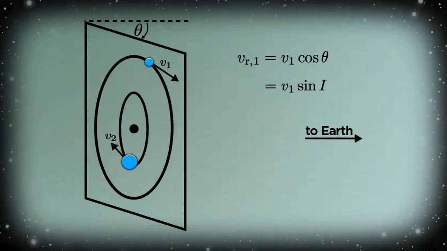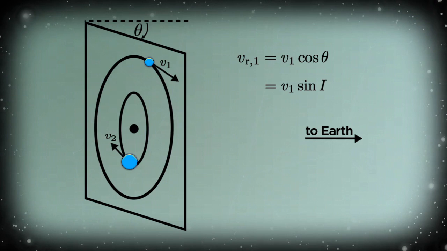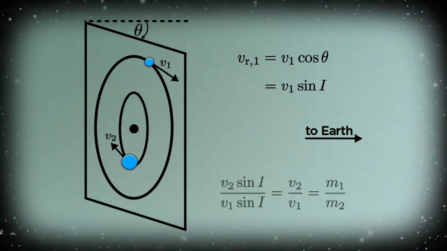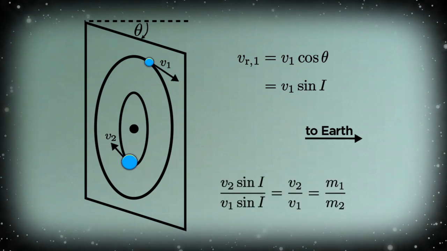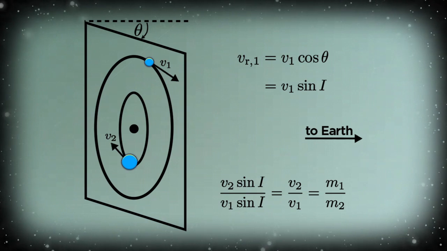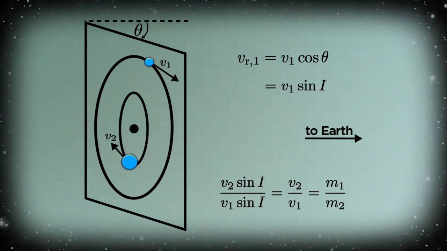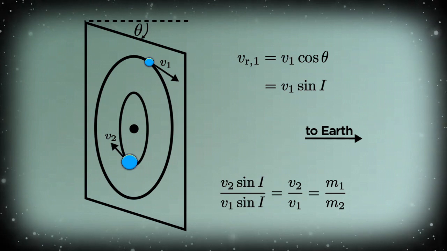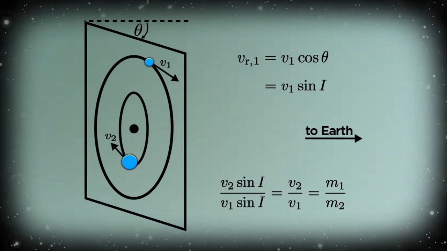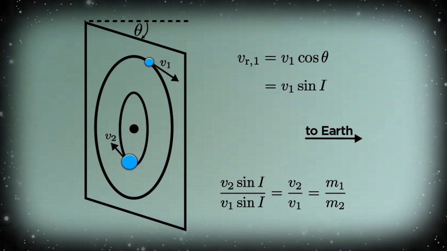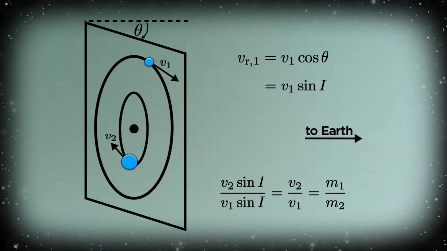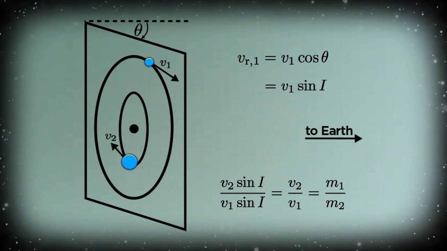We can still use Doppler spectroscopy to measure those radial velocities, v1 sine I and v2 sine I, and we can still get the mass ratio by dividing the radial velocity amplitudes, because the sine I factors will cancel out. But because we don't know I, we can't solve for v or a, and therefore we can't apply Kepler's third law.